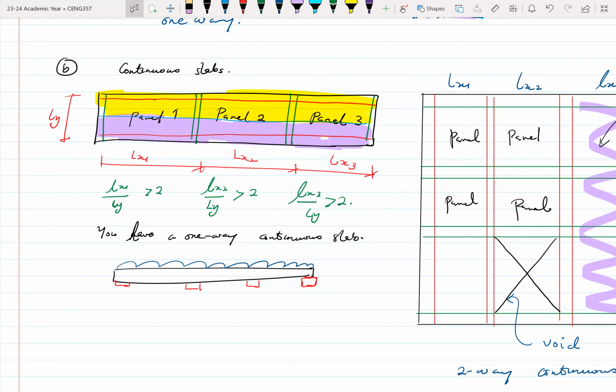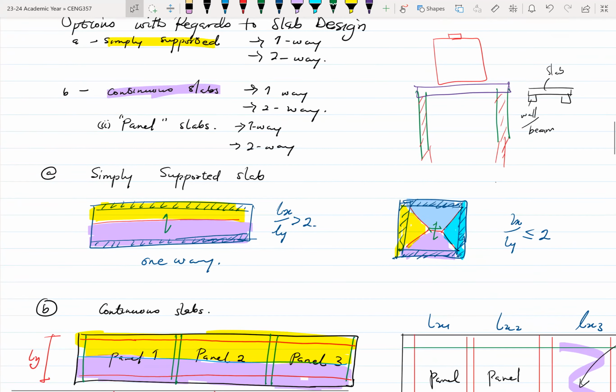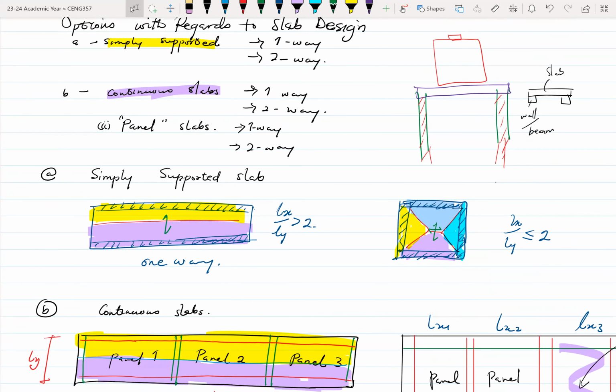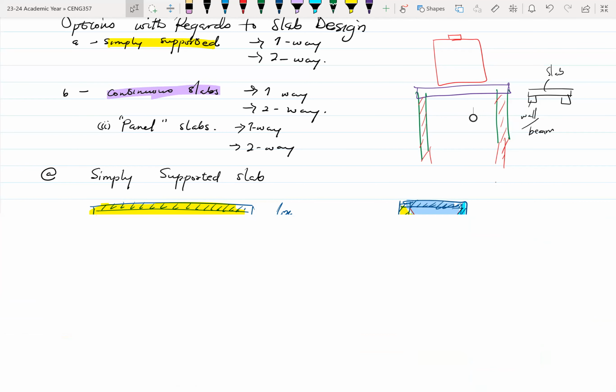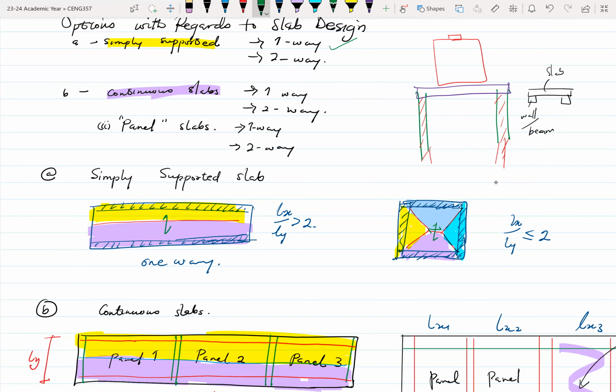So we have in total four different considerations when it comes to slabs: one-way simply supported, two-way simply supported, one-way continuous, and two-way continuous.